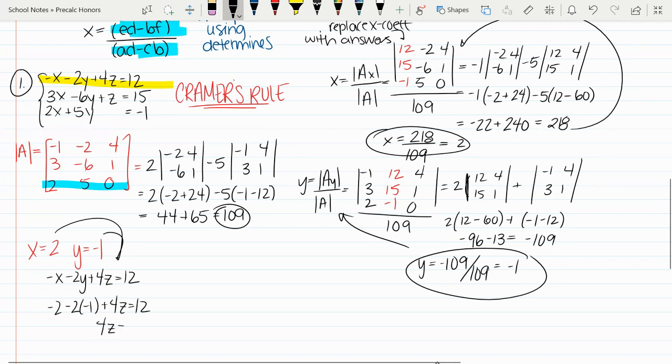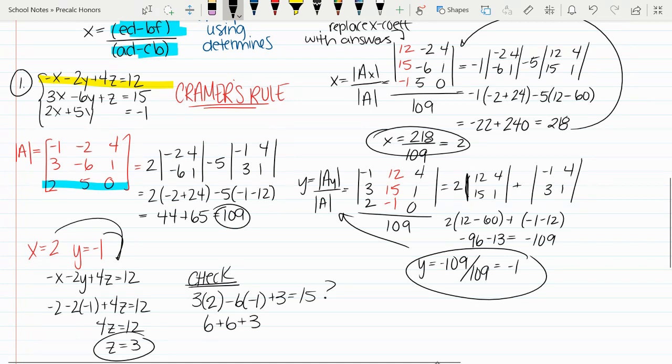So we get 4z equals 12, and hopefully z equals 3. I could very easily check this by using maybe the second equation. So hopefully this will hold true. So I'll have 6 plus 3 equals 15, and we are all set.